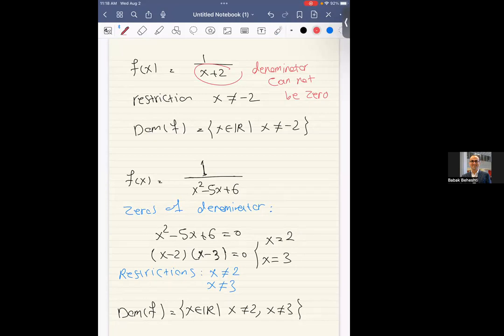So the domain is -infinity to -2, union -2 to infinity. Because we have open intervals, it doesn't include -2.